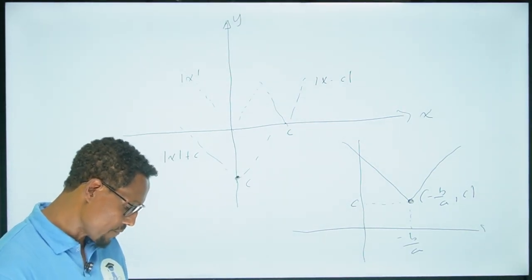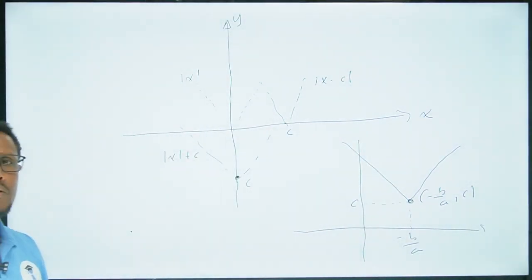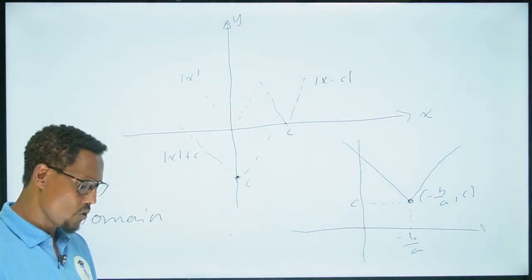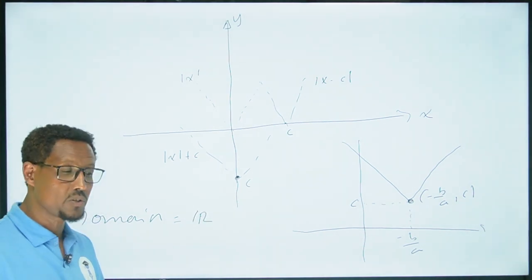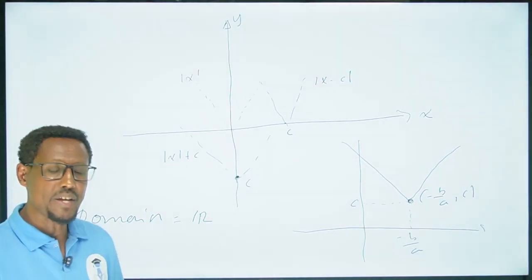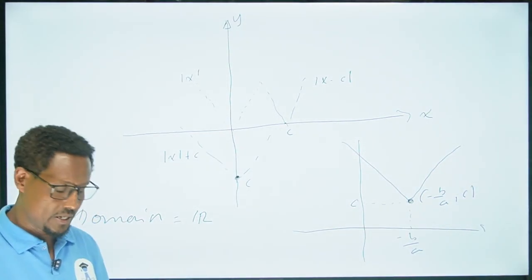Domain is the set of ordered numbers. If you take a vertical line test, you can cross the absolute value function at a point. For every vertical line you cross the graph at a point.